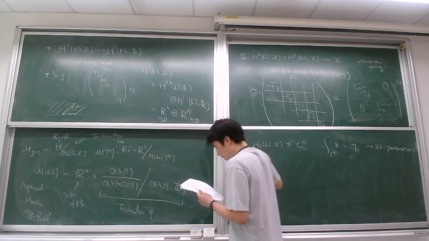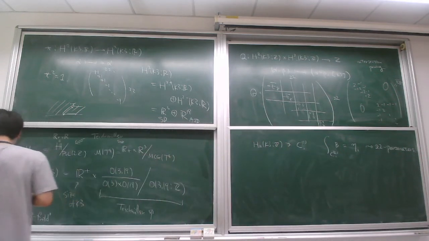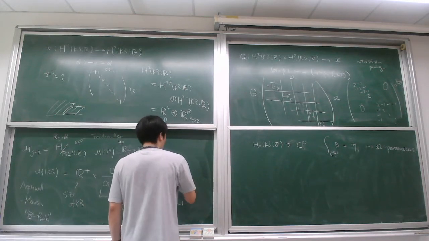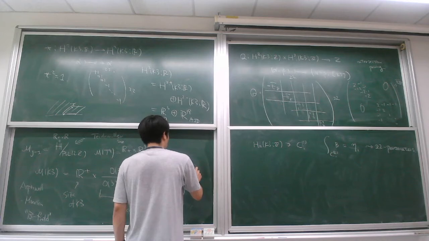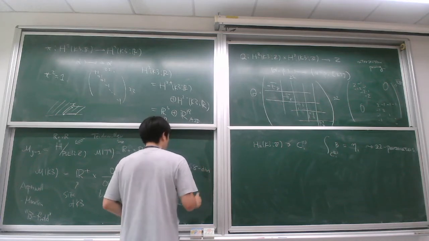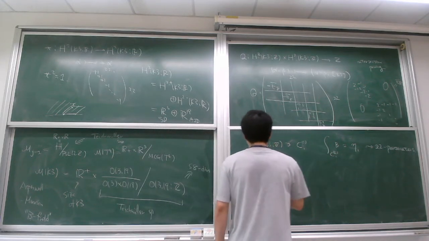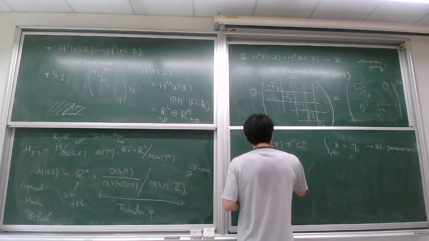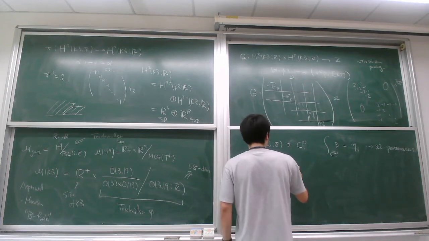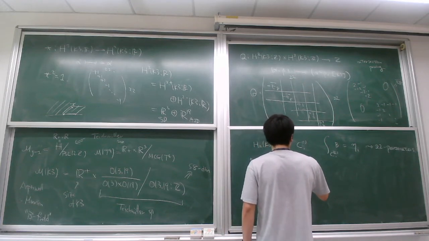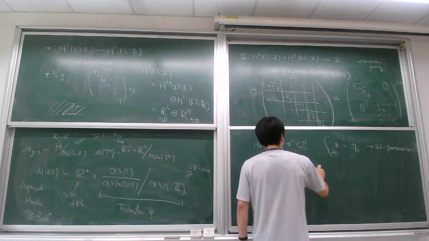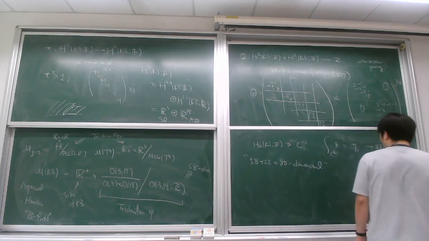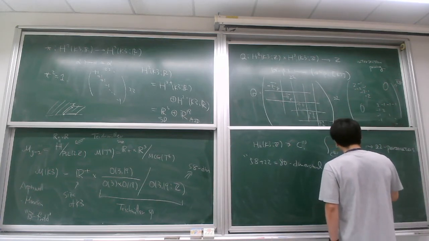That's because the second homology group is 22-dimensional. Indeed, this one is 58-dimensional if you do the analysis of the Gaussian model, and you add the 22, so in total the quantum modular space should be 80-dimensional.